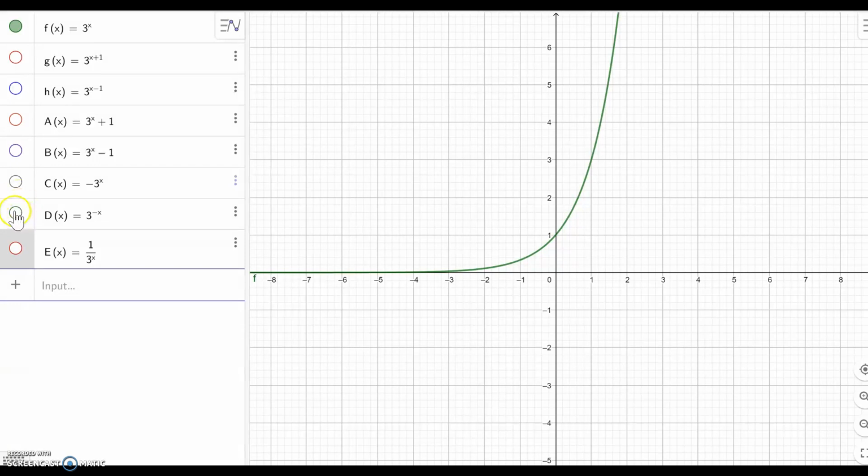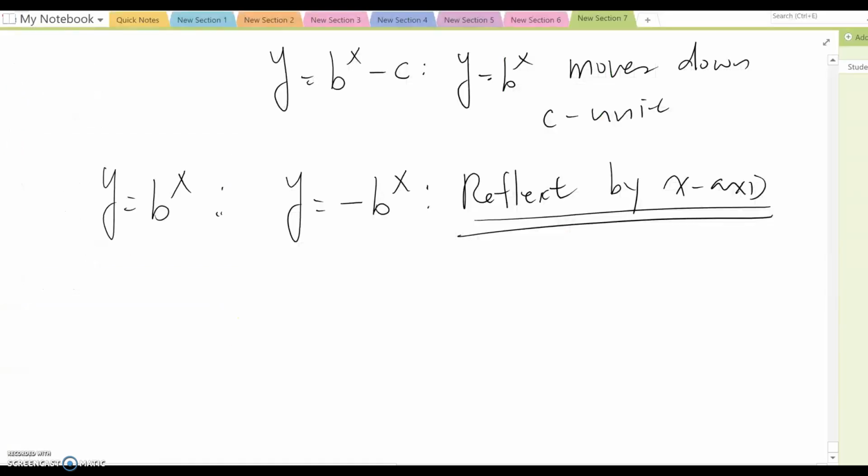This graph will be this way basically. Okay, the reason is, all the positive numbers become negative power values, and negative numbers become positive power values here. So let me write for you here.